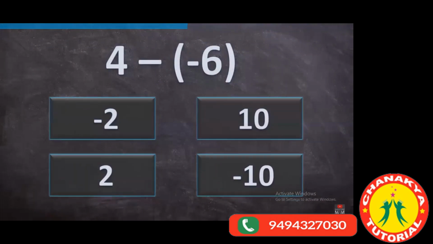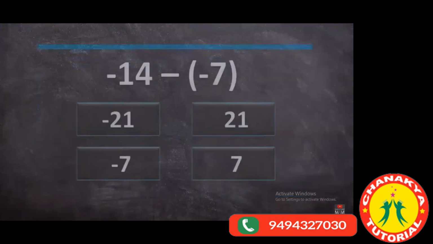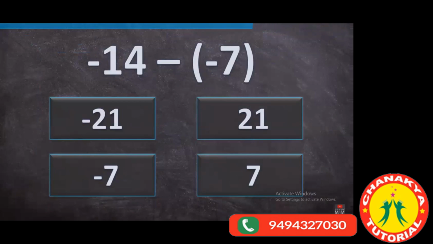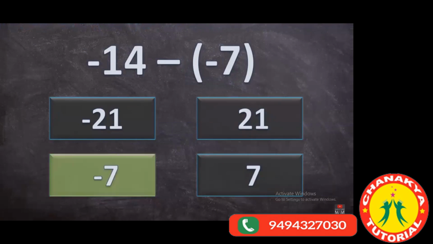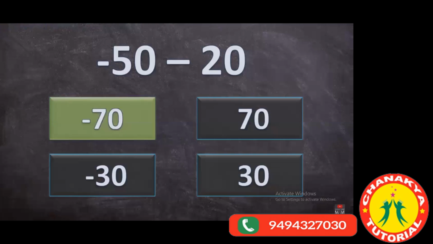Be fast. Ma'am, 10. Keep giving points to yourself. Ma'am, -7. Next, fast. Ma'am, -30. Oh, sorry, -70.